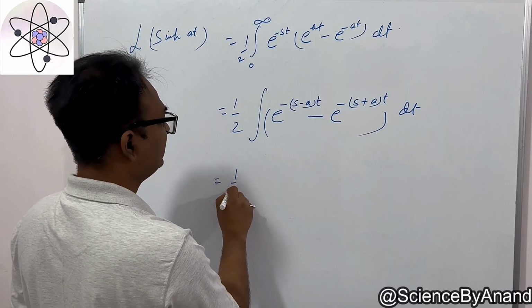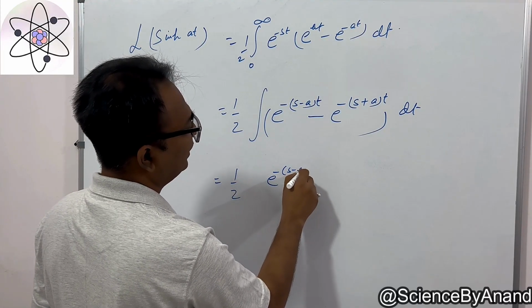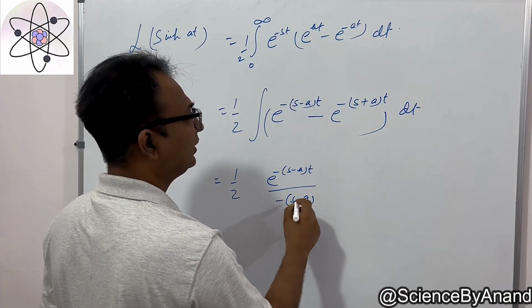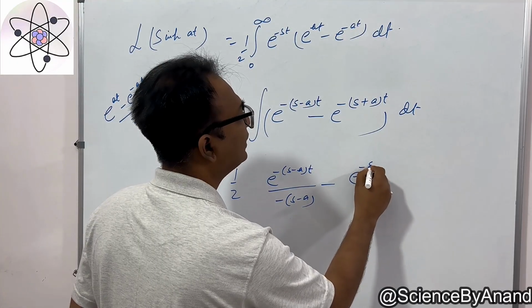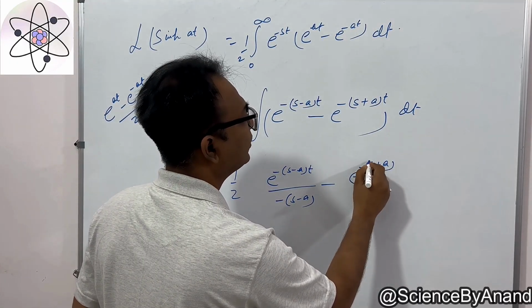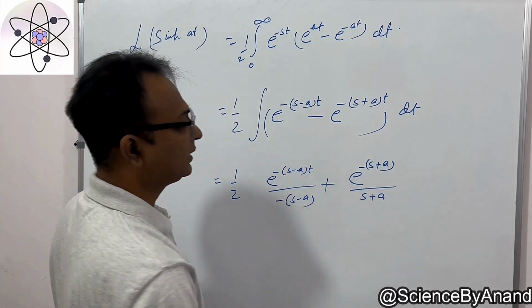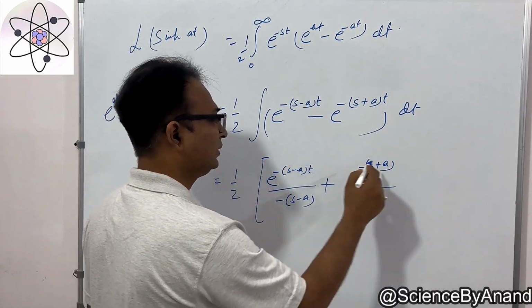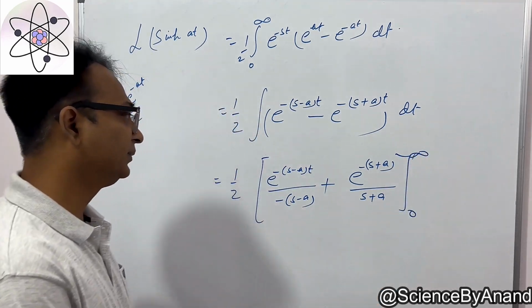This will be half e to the power minus s minus a t by minus s minus a, minus e to the power minus s plus a t by minus s plus a. So this is the integral and the limits are 0 to infinity.